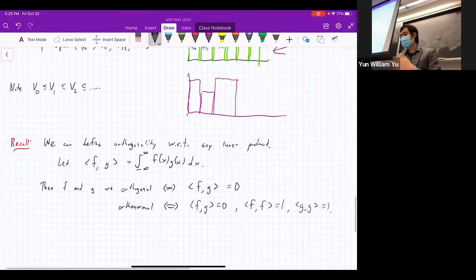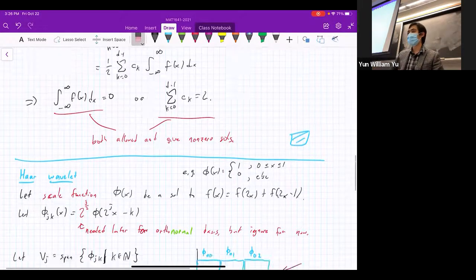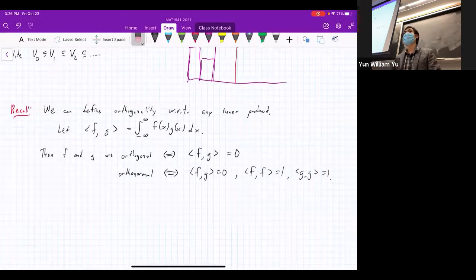For orthonormality, we do want this rescaling parameter later, but we don't need it yet. We're going to mostly talk about orthogonality, because once you have an orthogonal basis set, it's easy to construct an orthonormal one by just rescaling everything.